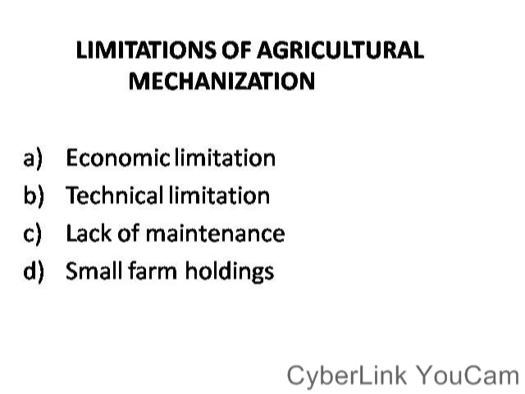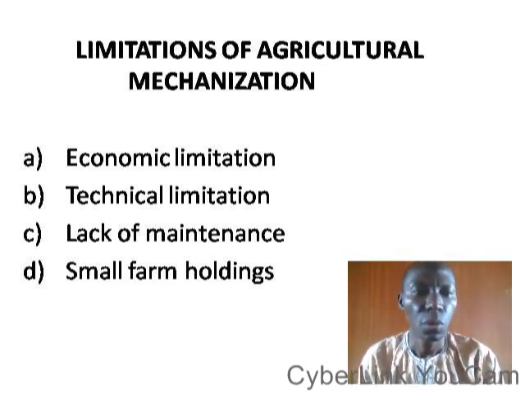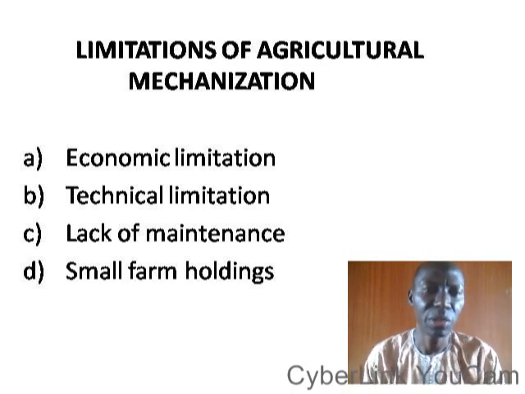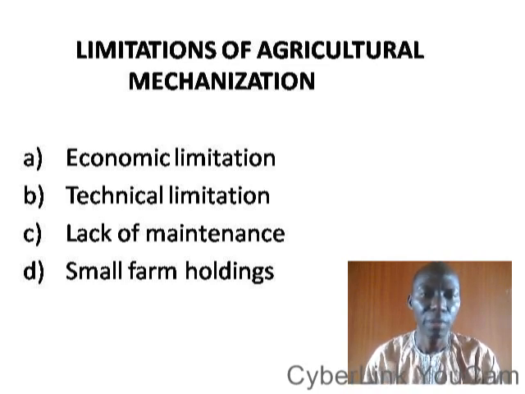Limitation of agricultural mechanization. By limitation we simply mean hindrances that can prevent farmers from carrying out farm operations with machines. 1 is economic limitation.